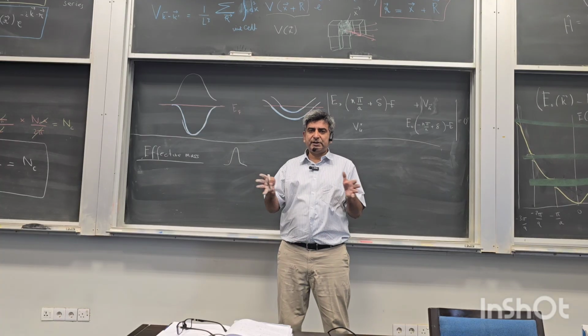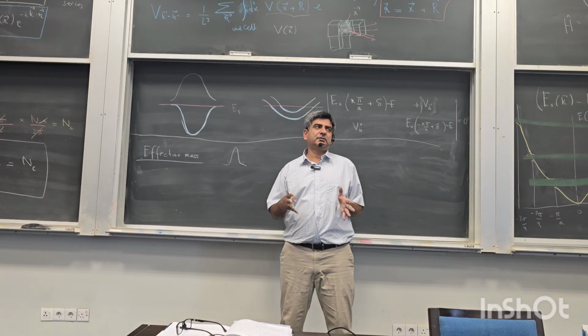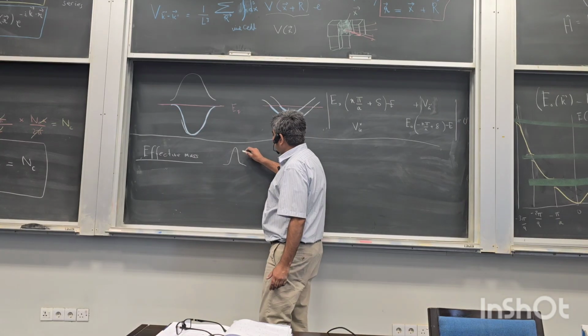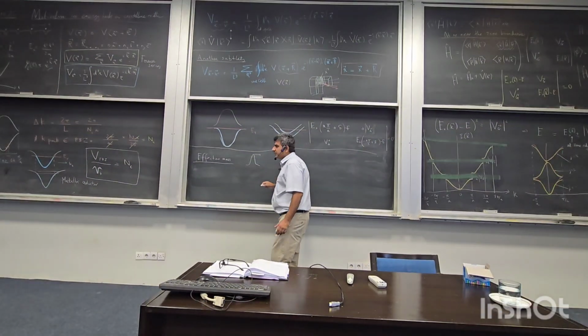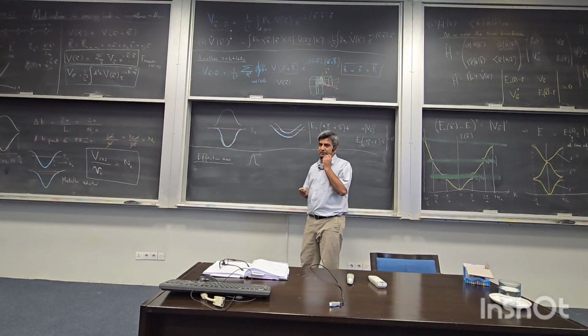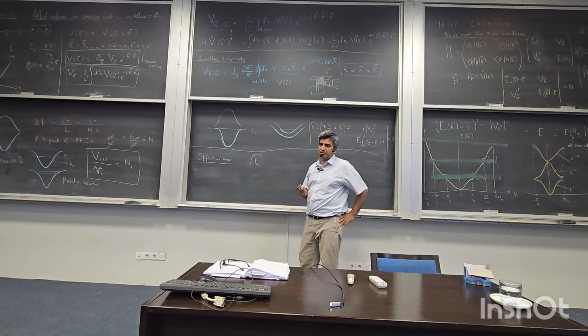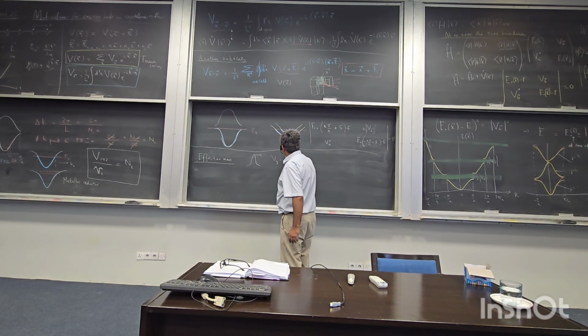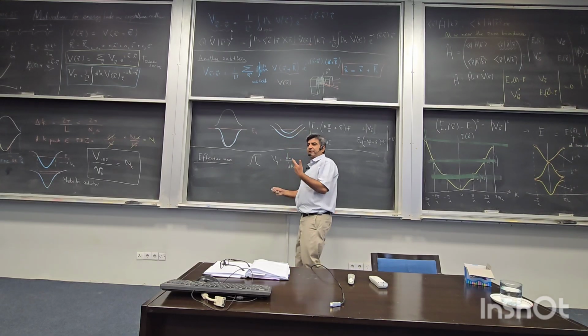They are mostly these pulses or wave packets, and the wave packet moves with a characteristic speed called the group velocity, and the group velocity of a wave packet is given by d omega by dk. Okay, so let's keep this in mind.